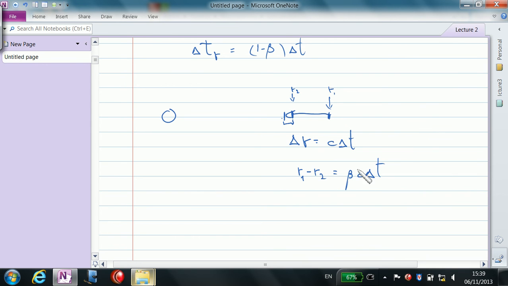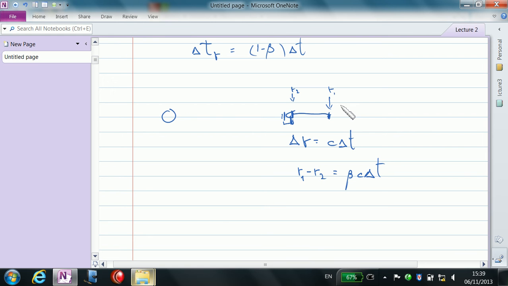So if beta is close to 1, this was moving almost as fast as the light. So the light was here and it was here when it emitted the last bit of light.